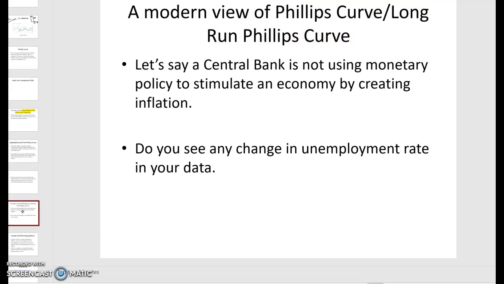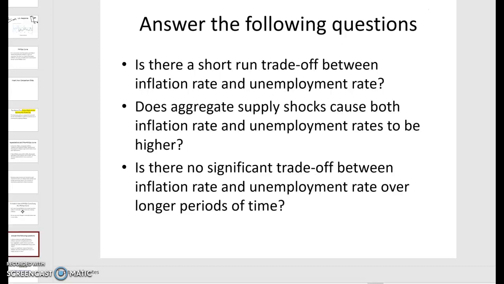Next, you look at a modern view of the Phillips curve. You look at the long run Phillips curve. Most central banks use monetary policy. If you are looking at an economy that doesn't use monetary policy, you can just say so, and you are going to look at the data and analyze based on your data.